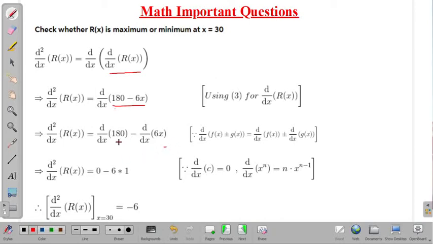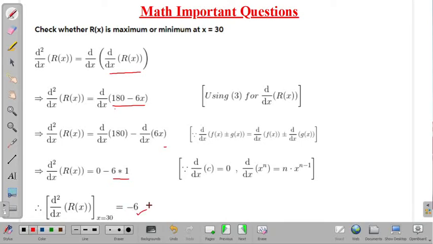Now for a constant term, its derivative will be equal to 0, and d/dx of x to the power n will be equal to n x raised to the power n minus 1. So it will be 6 into 1. So here we can see our second derivative at x equal to 30 is equal to minus 6.